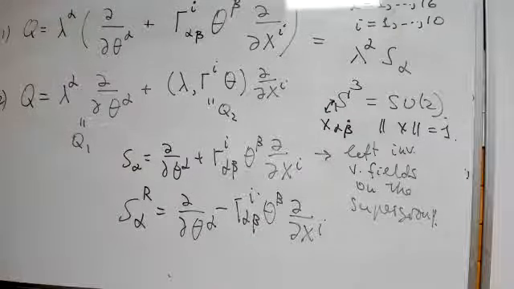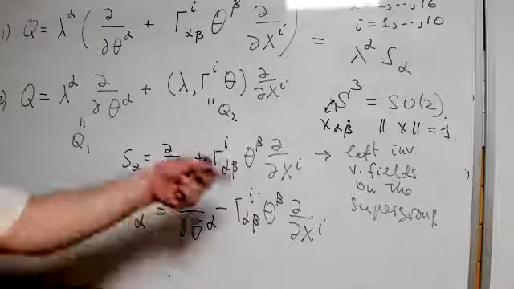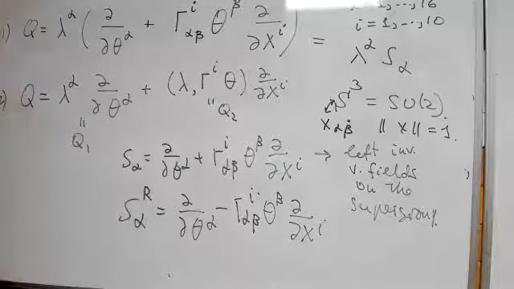On S2, you have only left invariant fields. On S3, you have two commuting sets of fields. Okay, so it was a geometrical comment.